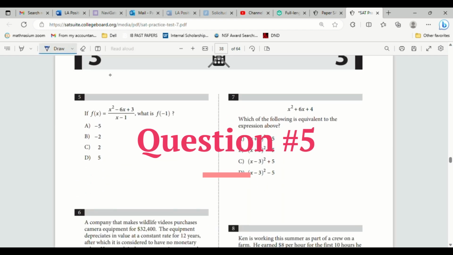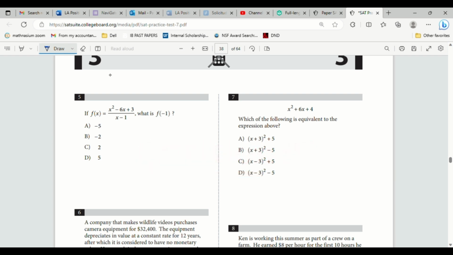Number 5, if f of x equals x squared minus 6x plus 3 divided by x minus 1, what is f of negative 1? So when negative 1 appears to be substituted in for x, that means you substitute negative 1 for all the x terms in your equation. So f of negative 1 equals negative 1 squared minus 6 times negative 1 plus 3 divided by negative 1 minus 1.